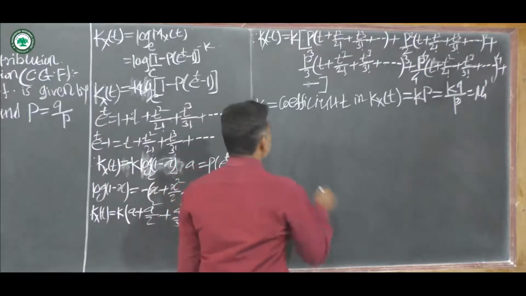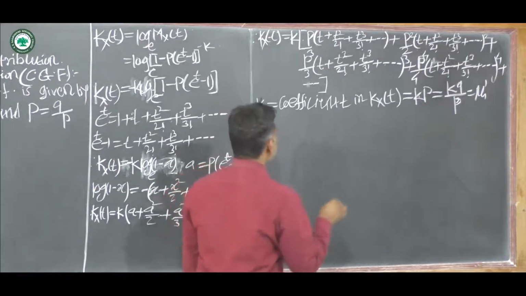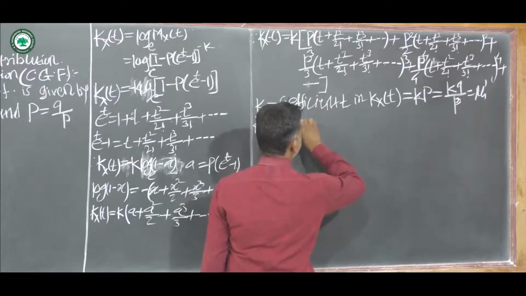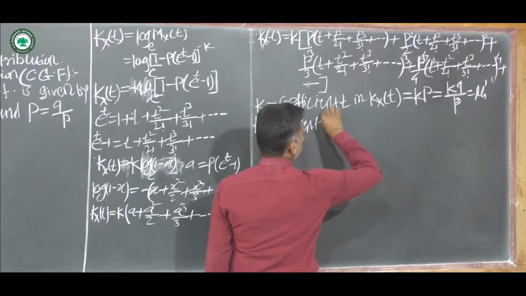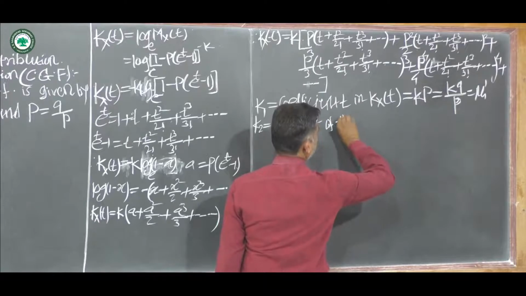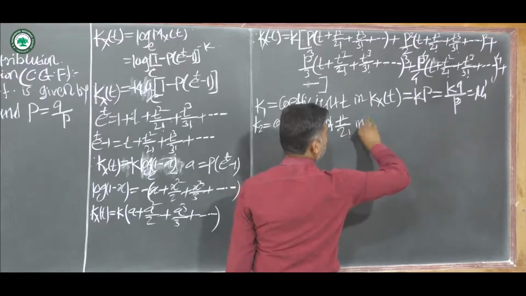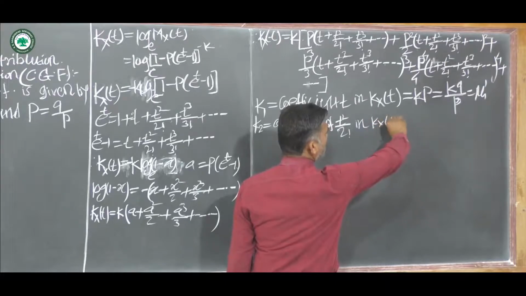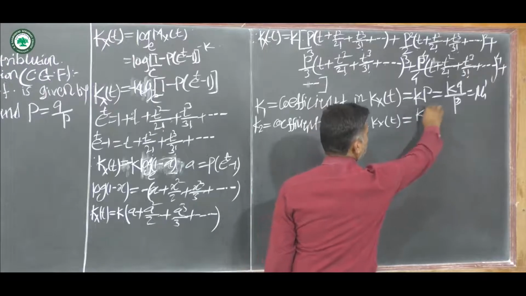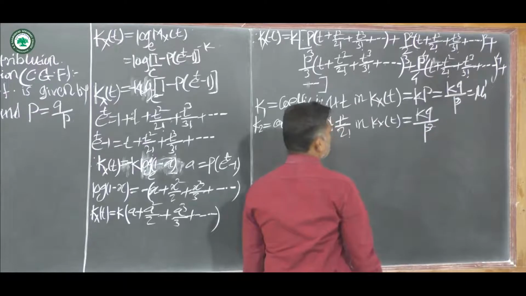Okay, then k2, the second cumulant of negative binomial distribution, is coefficient of t square upon 2 factorial in kx of t, and which is equal to kq upon p square, k2.